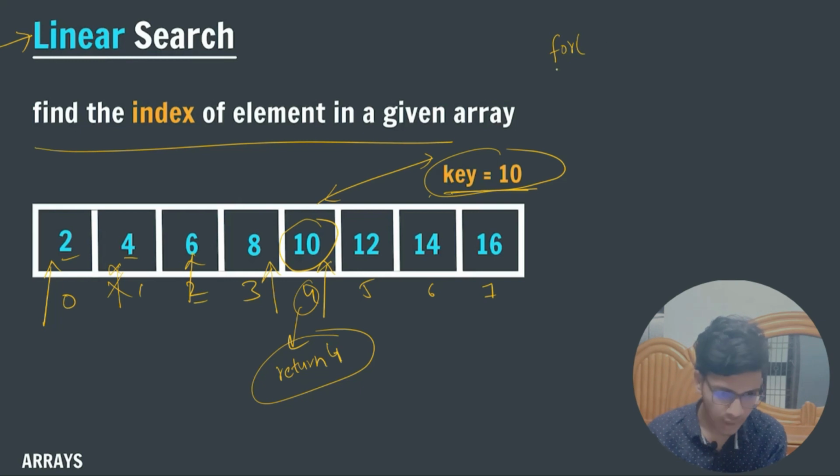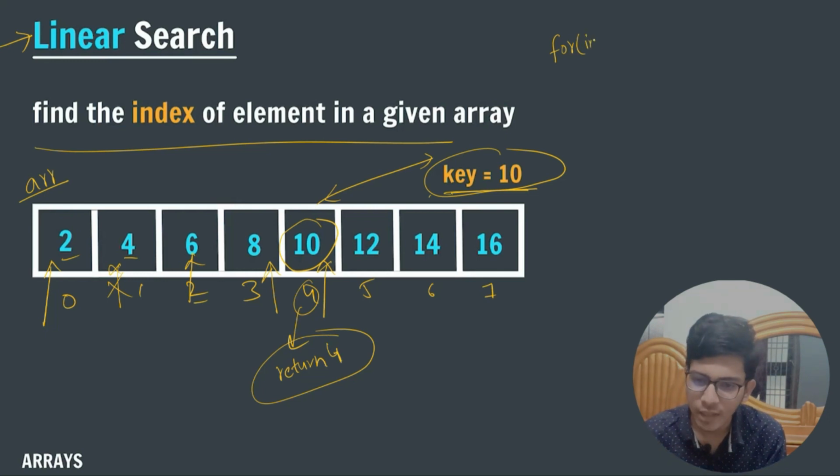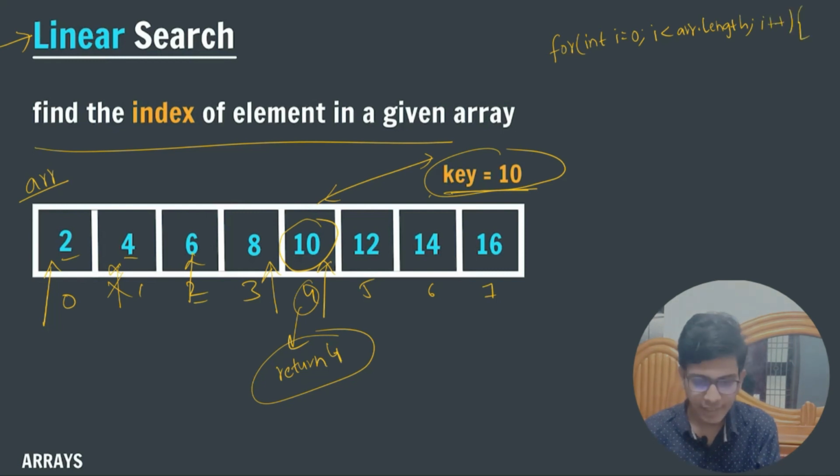Let us consider that this is my array and the name of the array is ARR. So I am going to run my for loop, int i equals 0, i less than ARR dot length, i plus plus. In this, I am going to check if ARR of i, accessing each element through its index, is equal to key.